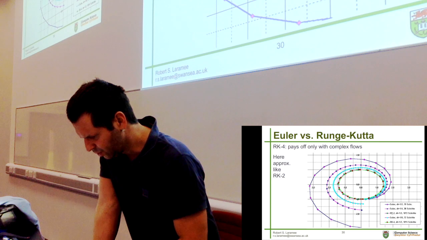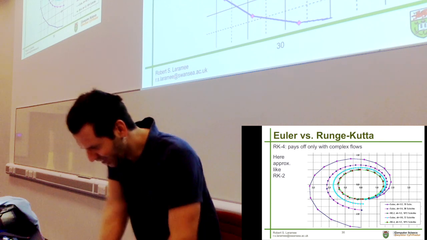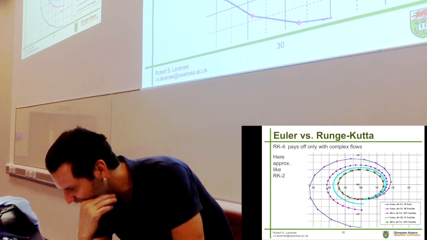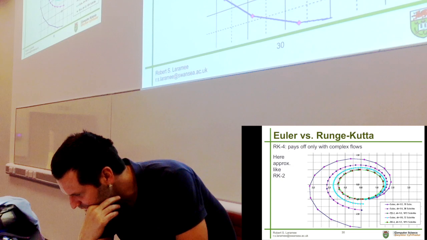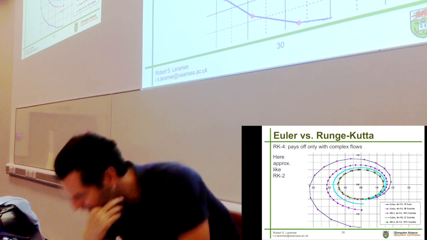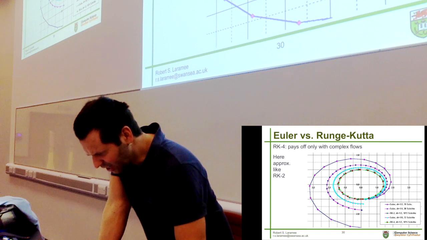Runge-Kutta 2, 2nd order Runge-Kutta. Where is that? Oh, I need to find that one. It's green, got green points and a pink. It's hiding. It's hard to see, but it's hiding here.